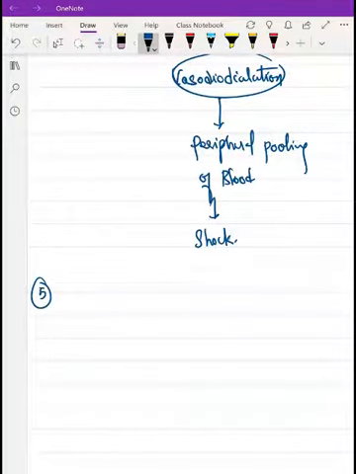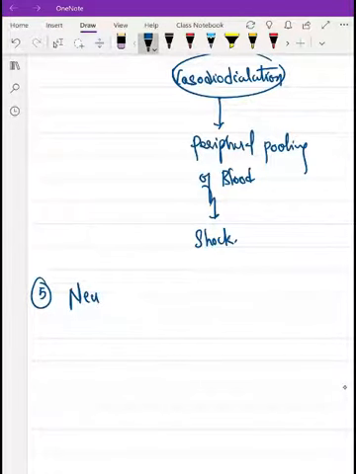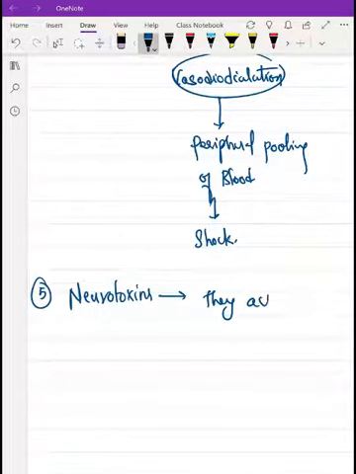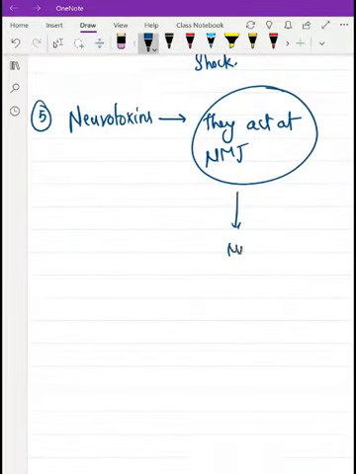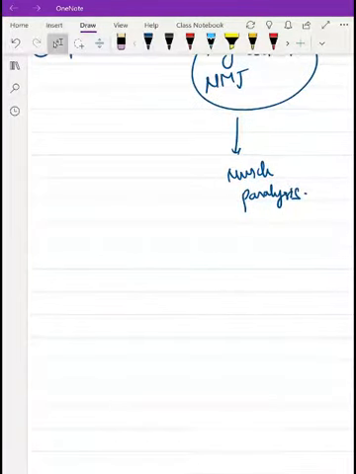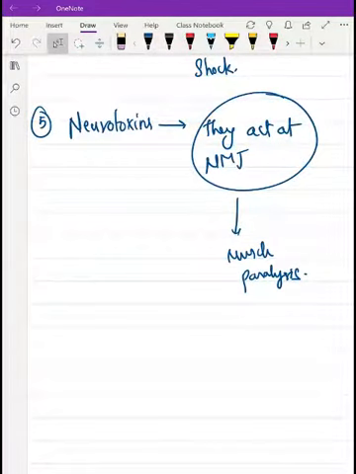The other ones are neurotoxins. They act at the NMJ and cause muscle paralysis. There is a disease where there is a defect at the neuromuscular junction. What is that?